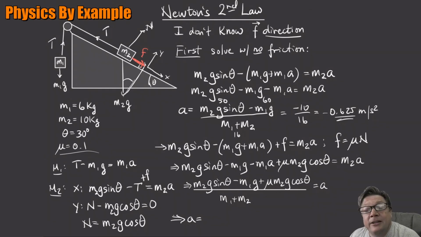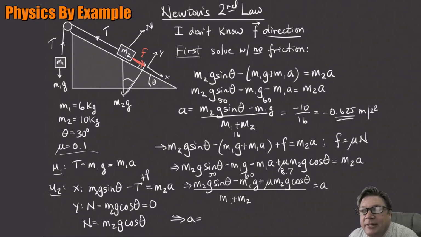Well, again, let's look at it term by term just for fun. Gravity acting down the plane is like 50 newtons. Pulling back the other direction is 60 newtons, the action of M1. And then, here's my frictional term. What's my frictional term? It's M2g cosine theta times mu. Mu, I said, was 0.1. And if you multiply these numbers out, you get like 8.7. So there's an 8.7 newton force down the plane that's sort of retarding our motion back up the plane.